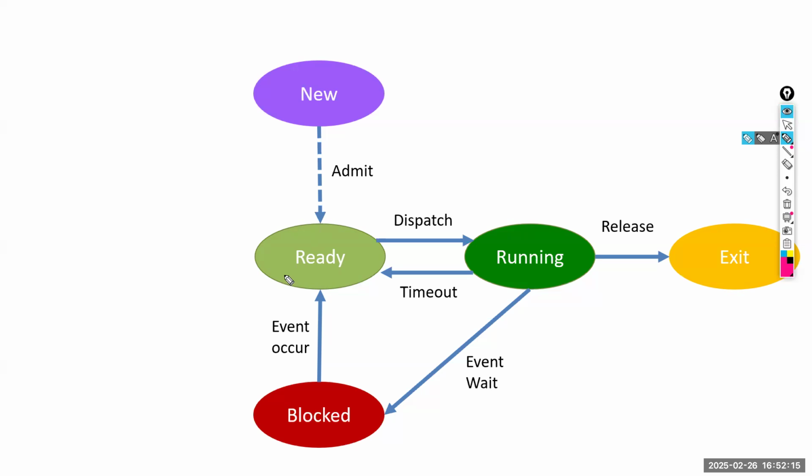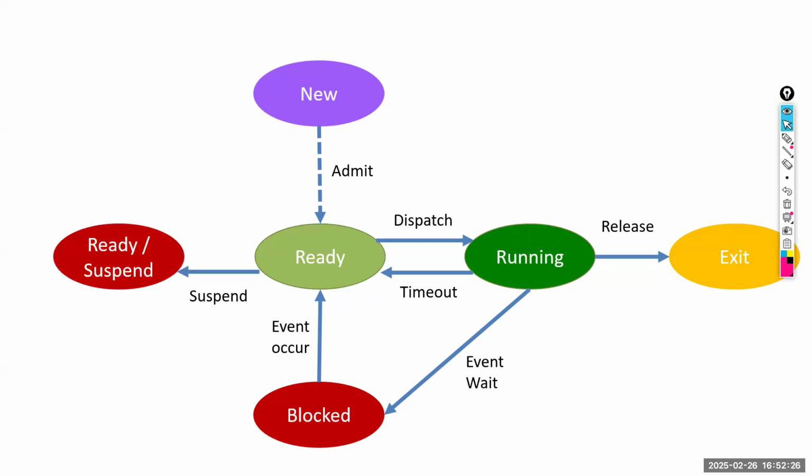Then we say your operating system changes the ready state of that process to ready suspend. It is now suspended because part of the memory is in the virtual memory or the secondary storage. Now you can't run that program because not all the memory is in the physical memory.